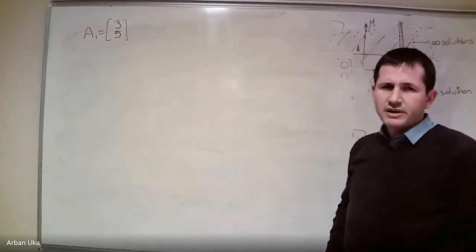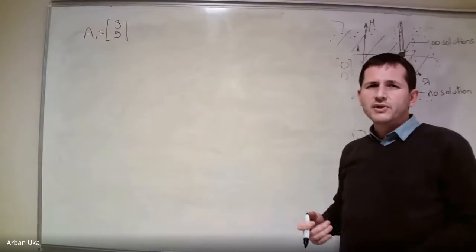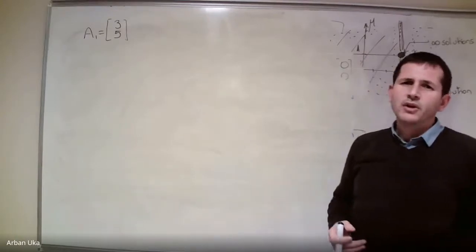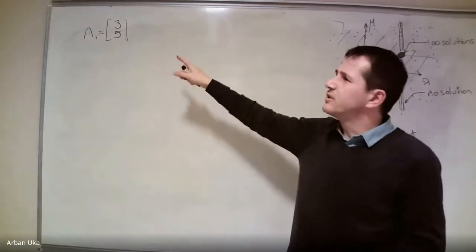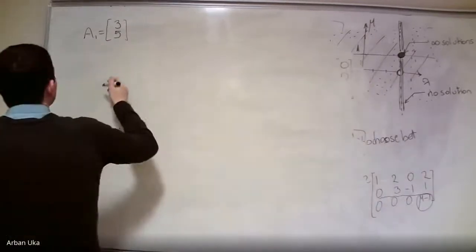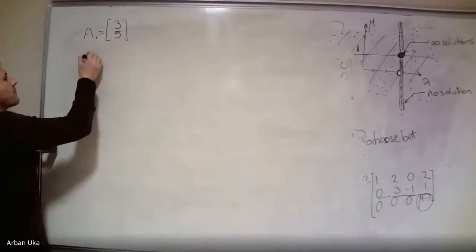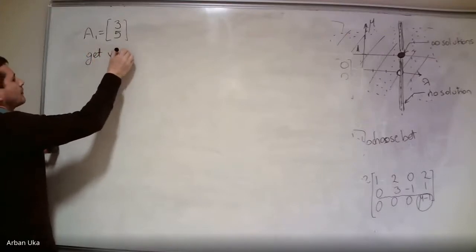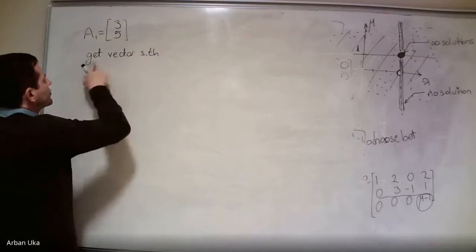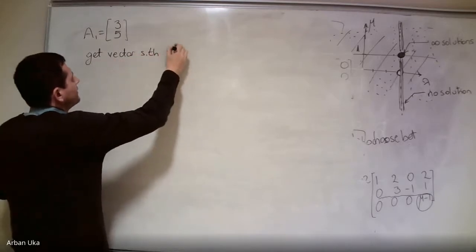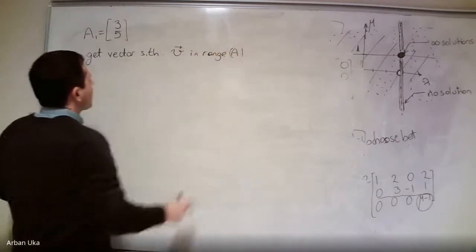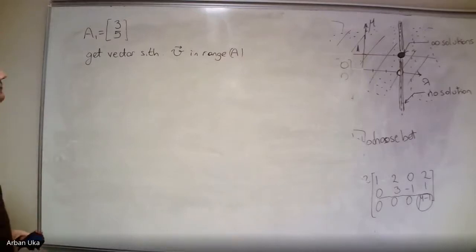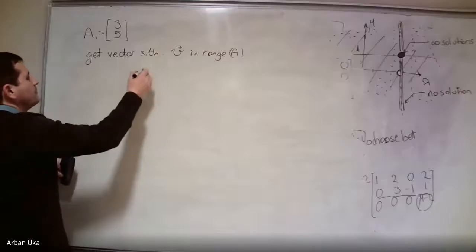We have discussed the range, and we said, what was the range of a matrix? It was a linear combination of the columns, right? So can you give me a vector which is in the range of A1? Get me a vector V that is in the range of A. What should this vector look like? 3t plus 5s, where t and s are real numbers.